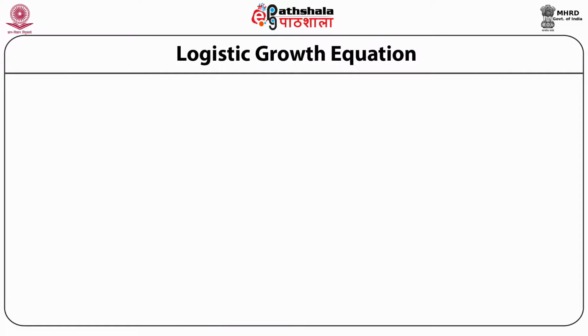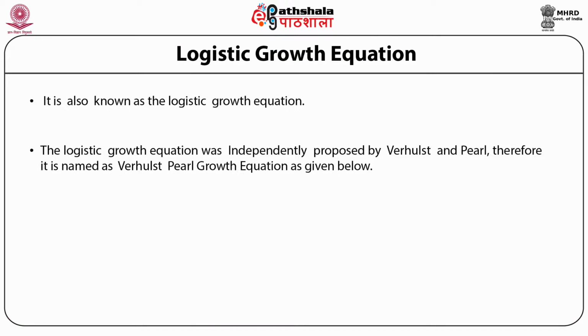Logistic growth equation. The logistic growth equation was independently proposed by Verhulst and Pearl. Therefore, it is commonly named as the Verhulst-Pearl growth equation as given below. dN/dt = rN(K - N)/K.